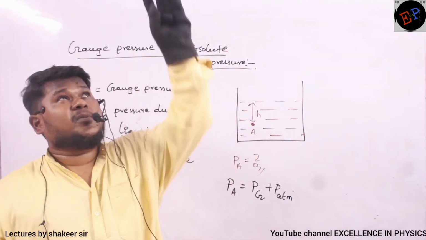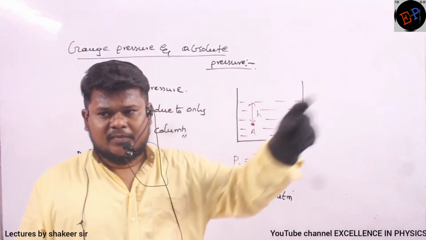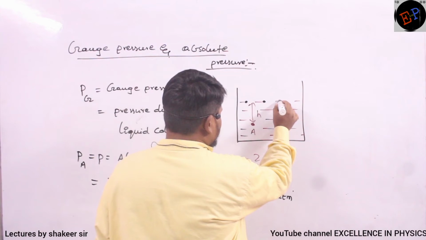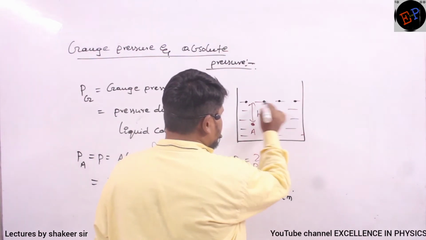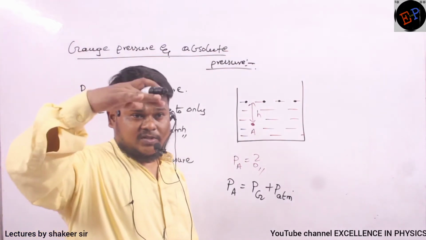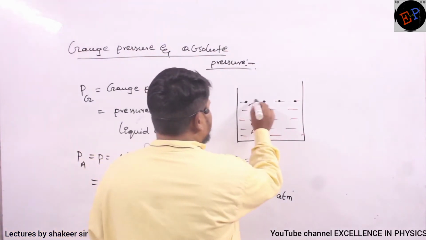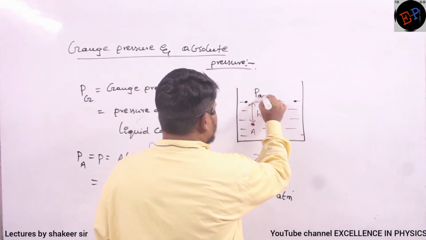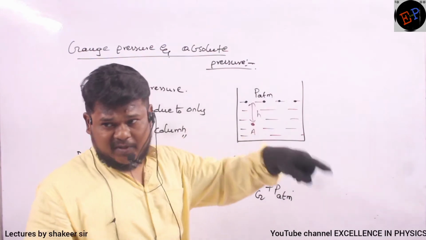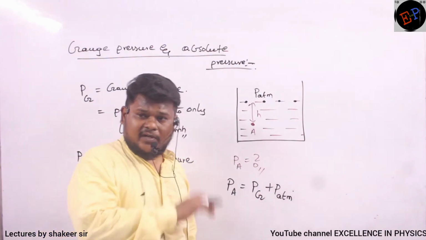Atmosphere is here, and the fluid is here only. Every fluid exerts pressure. So at the topmost surface of this liquid, the atmosphere will be giving its pressure. Atmospheric pressure will be present there, so there is an increase of P atmosphere on the top surface. And the same pressure will be transmitted everywhere.